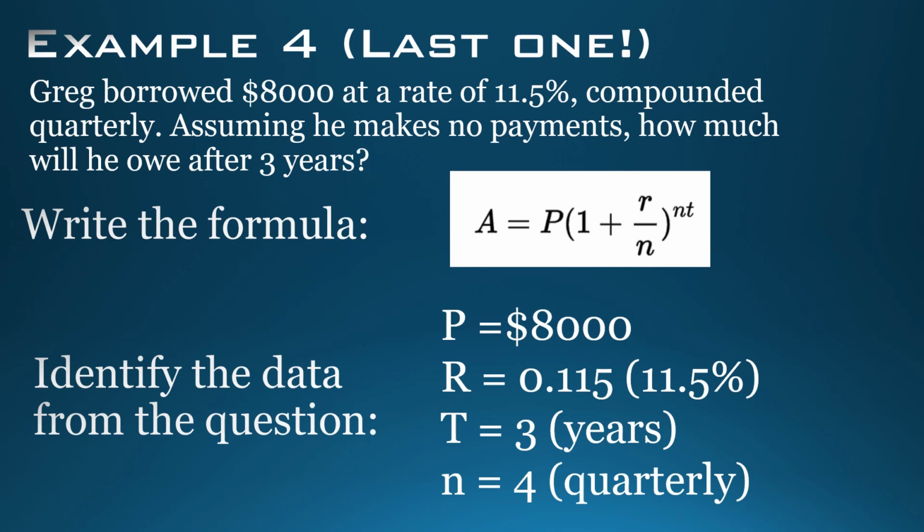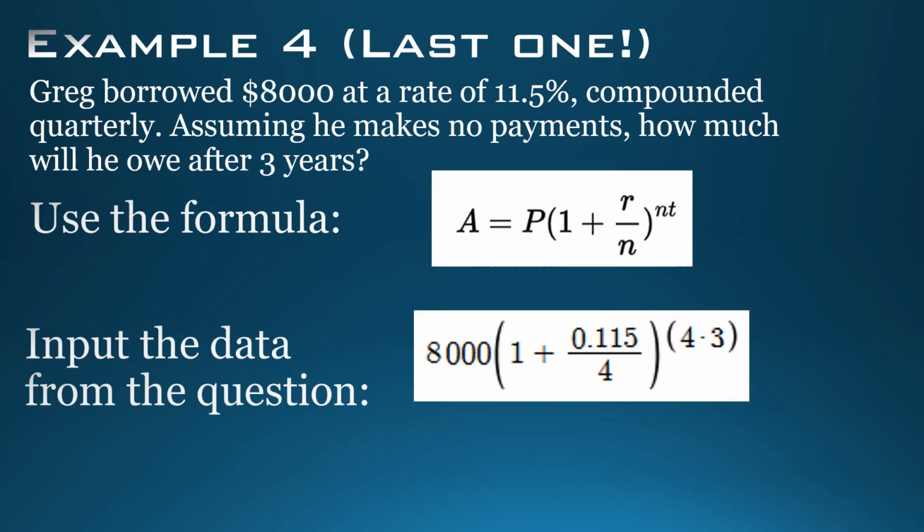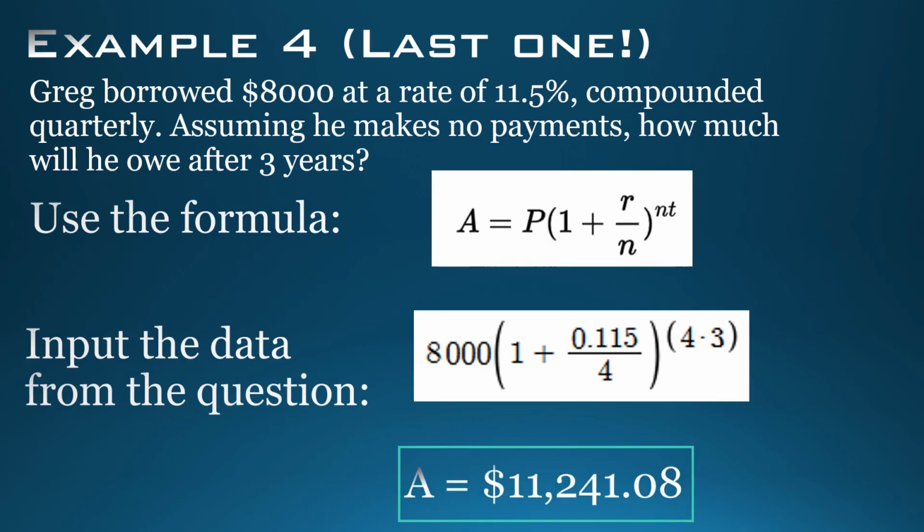So quarterly sounds like quarters. 4 quarters in a dollar, 4 quarters in a year. So 4 times it's compounded. Now we put that data into the question using the formula, as you see right here. And the answer to this is $11,241.08.